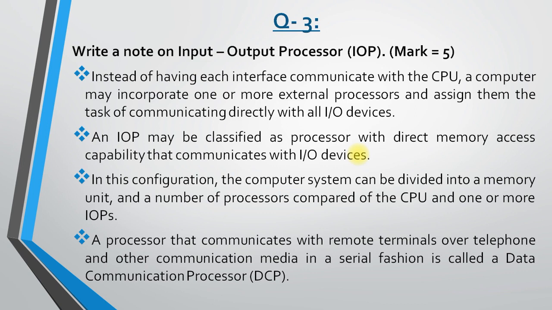So any processor which is able to communicate with a remote terminal over a telephone or other communication media in serial form is known as DCP. DCP stands for data communication processor.